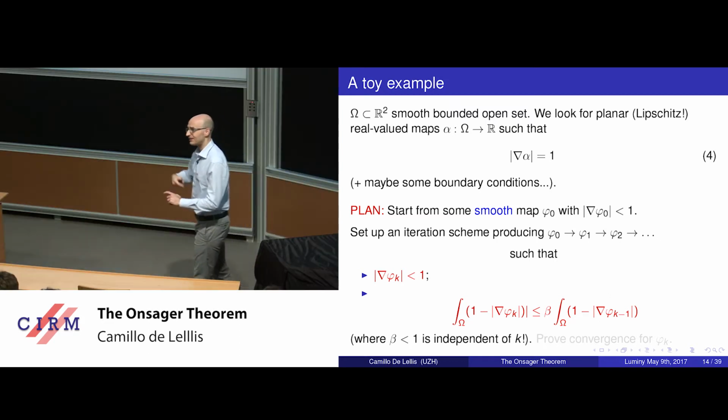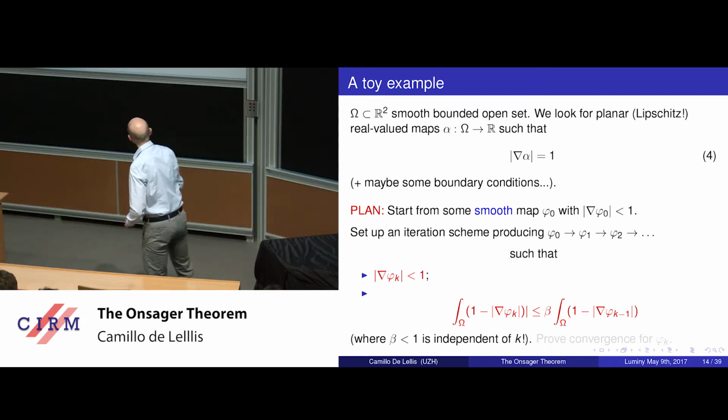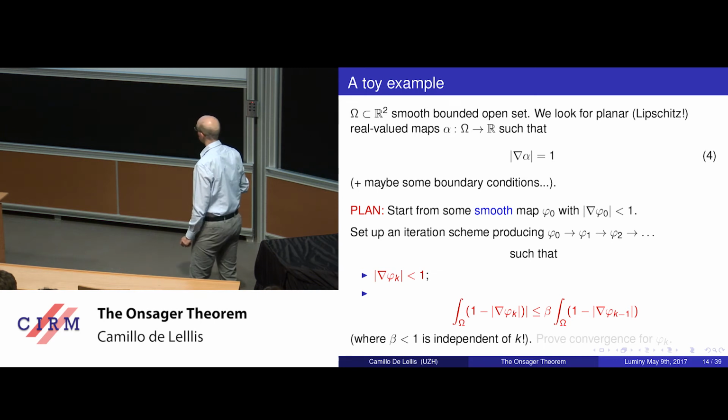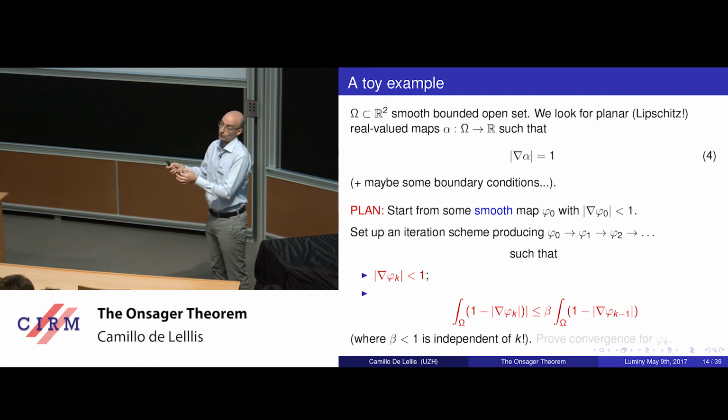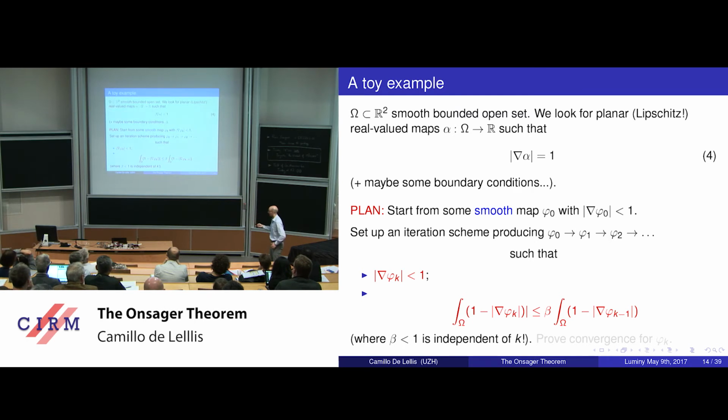Of course, if I have such an iteration mechanism, this integral along the sequence is decaying exponentially, so it's going to 0. And if I could prove that phi k is converging strongly to some limiting function phi, the limiting function phi will have modulus of the gradient equal to 1 almost everywhere, because it's just passing the limit in the integral.